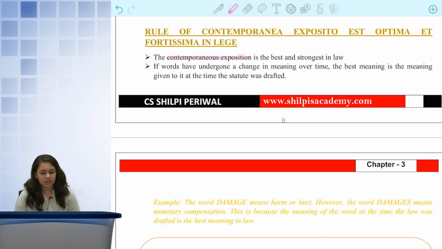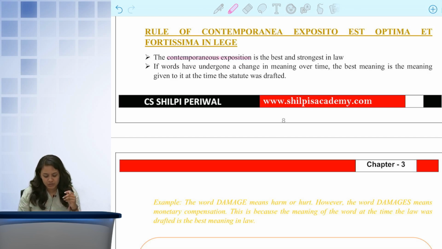What do you mean by contemporaneous exposition? They're saying that sometimes the meaning of certain words, especially in the English language, changes over time, or attracts different meaning over a period of time, and the meaning of a word can be different at the time that the law was drafted, and it may have a different meaning today.